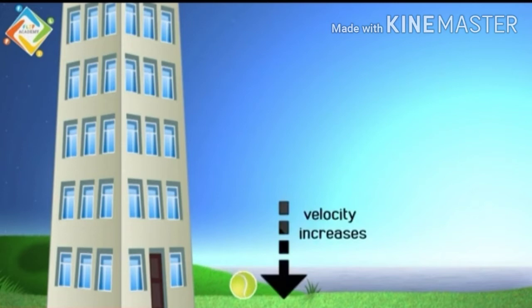And the change in velocity is called acceleration. We know this thing. The velocity changes and keeps increasing as it reaches near the ground. We know the definition of acceleration, that is change in velocity. That means when the velocity changes, that is change in velocity is called acceleration.